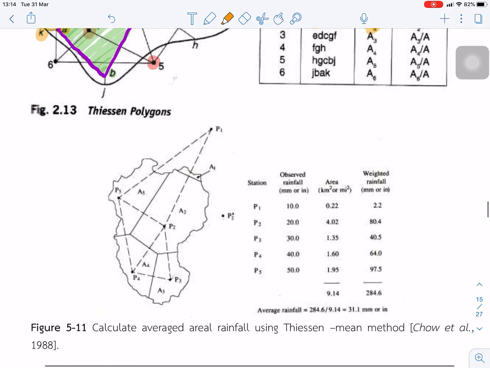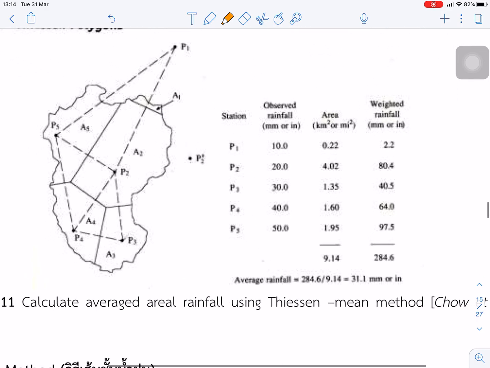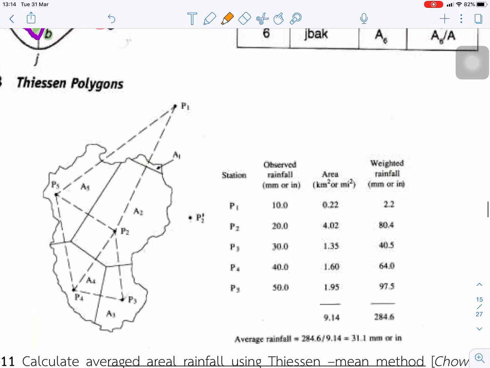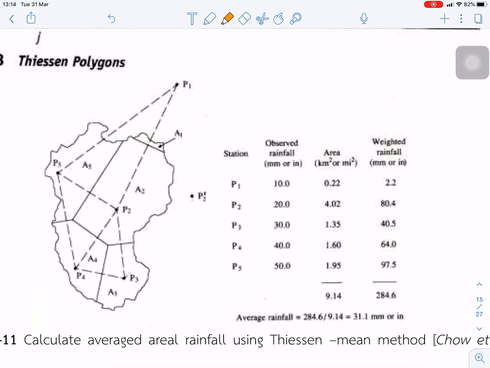Next, we can do the numerical calculation. Here we have the five stations of rainfall, P1, 2, 3, 4, 5.